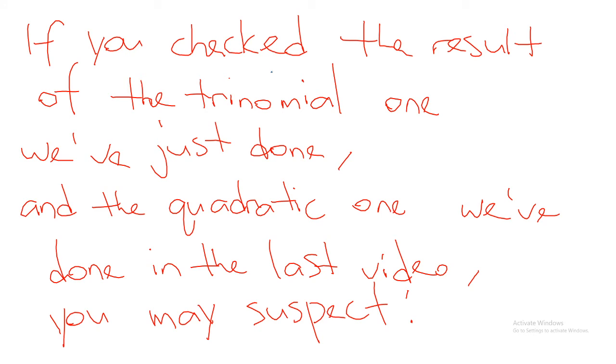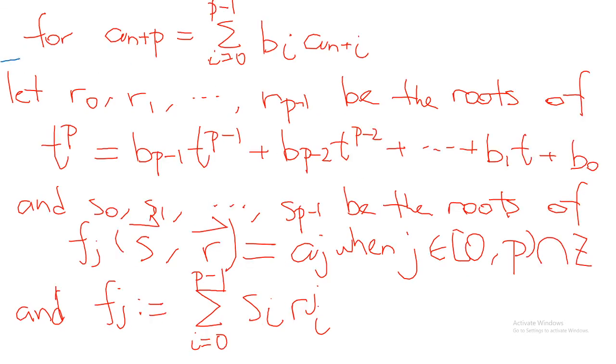So if you check the result of the trinomial one we've just done and the quadratic one we did in the last video, because we assume you've watched the last video, you may suspect that for a recurrence where an plus p is the sum of i equals 0 to p minus 1 of bi times an plus i, and a0 to ap minus 1 is given, and bi is given, we can always let r0, r1, up to rp minus 1 be the roots of this equation.